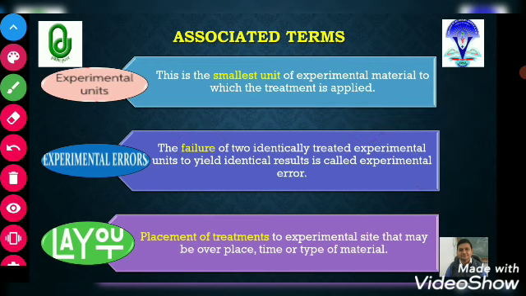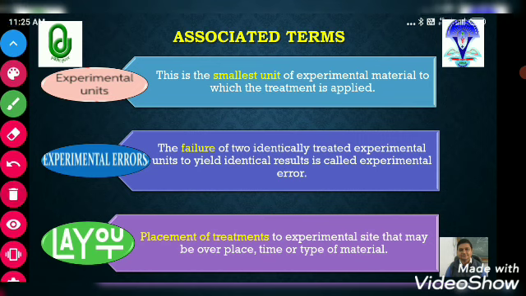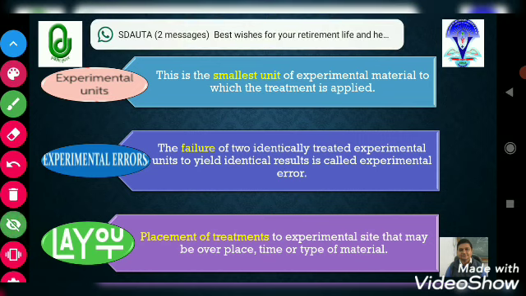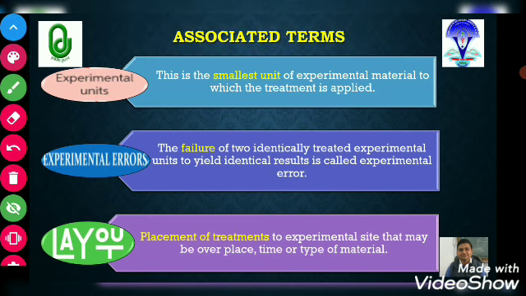So now try to understand the definition of experimental error. The failure of two identically treated experimental units to yield identical results is called experimental error. So this error will cause the failure of repetition of the result. So that is called experimental error.